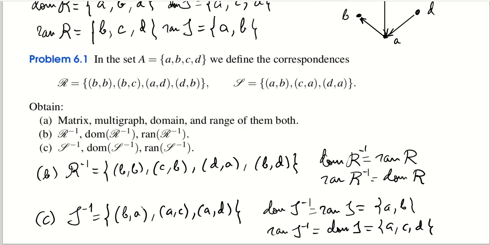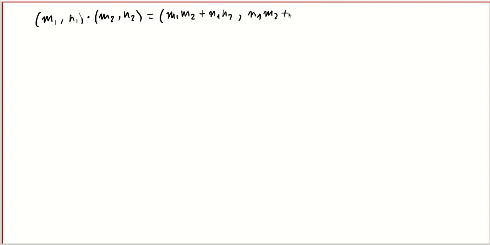And not only that, we can also do the same with the product, okay? But the product has to be defined in this funny way. (m1, n1) times (m2, n2) must be defined as the pair whose first component is m1 m2 plus n1 n2, and then the second component is n1 m2 plus m1 n2, right?